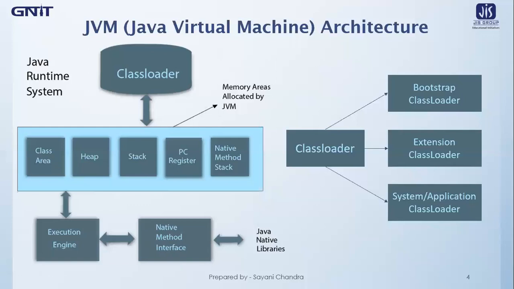This Java native interface, also known as JNI, is a framework which provides an interface to communicate with another application written in some other languages like C, C++, assembly, etc. Java uses JNI framework to send output to the console or interact with operating system libraries. So this is all about JVM or Java Virtual Machine Architecture.